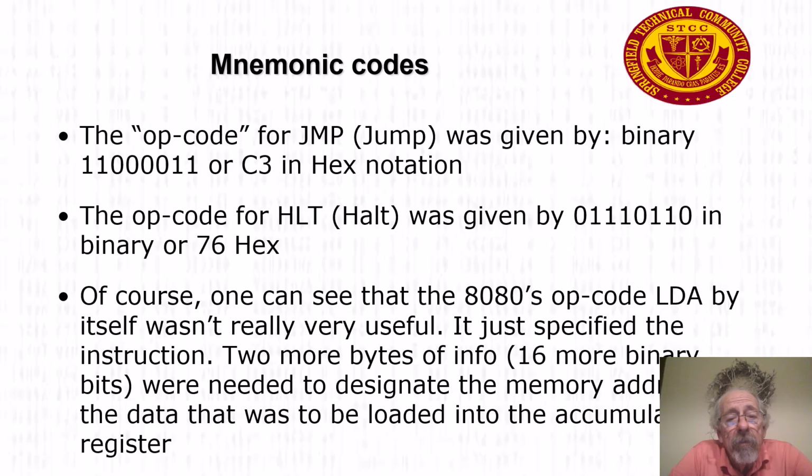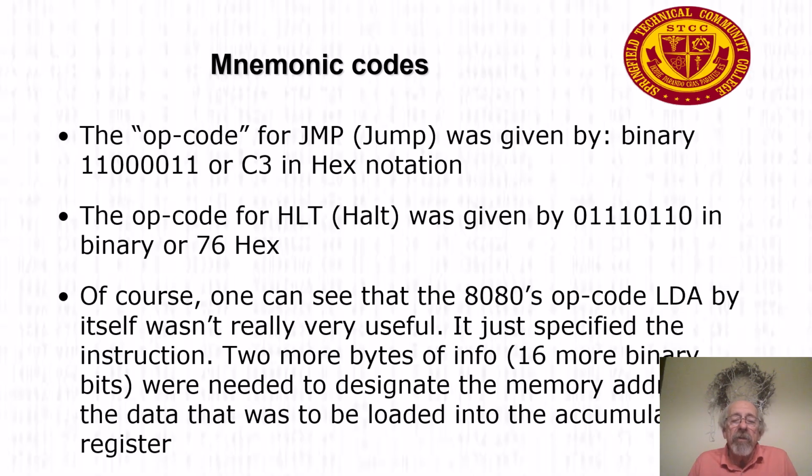Going along with this, more mnemonic codes: the opcode for jump was given by binary 11000011, or C3 in hex. The opcode for halt was given by 01110110 in binary, 76 hex.